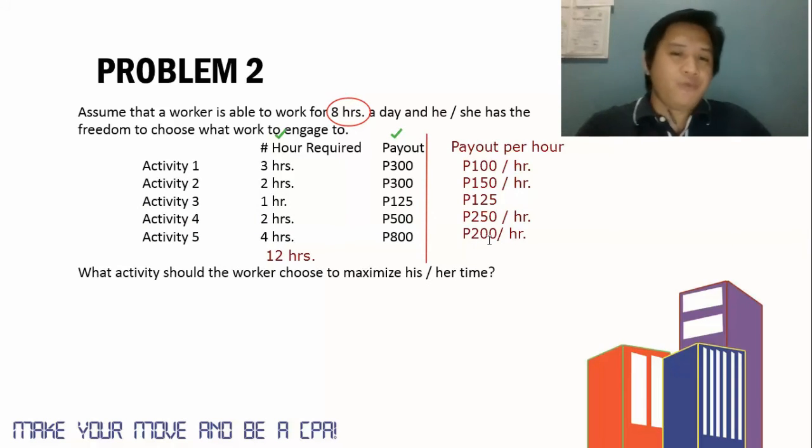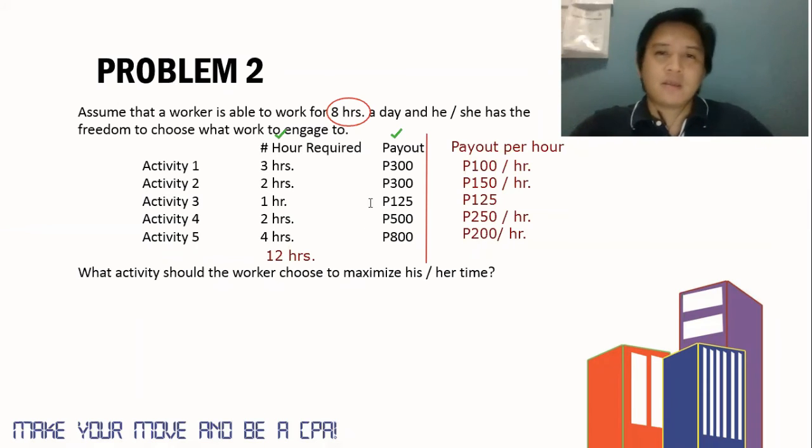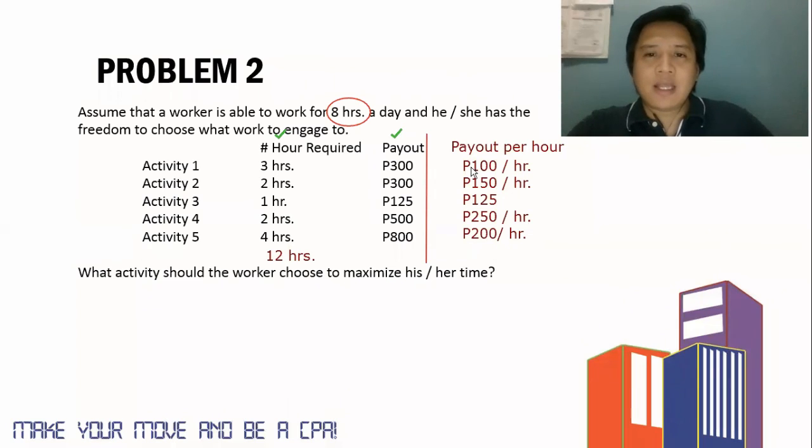Now, if the worker wants to maximize his or her earnings, he or she has to choose the highest payout per hour. Okay? So, ano yung magiging priority natin? Of these 5 activities, the highest would be activity number 4.